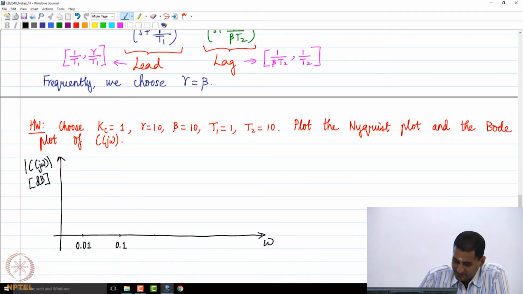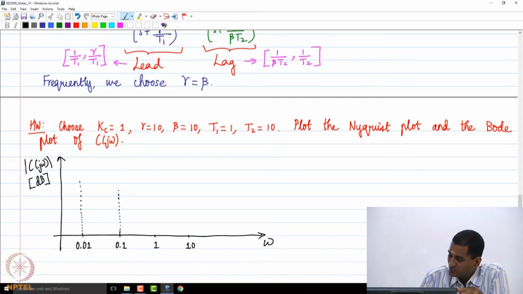Then I have 1, then I have 10. So these are the 4 frequencies: I am calculating the values of 1 by T1, gamma by T1, 1 by beta T2 and 1 by T2. That's what I have marked for this particular example.